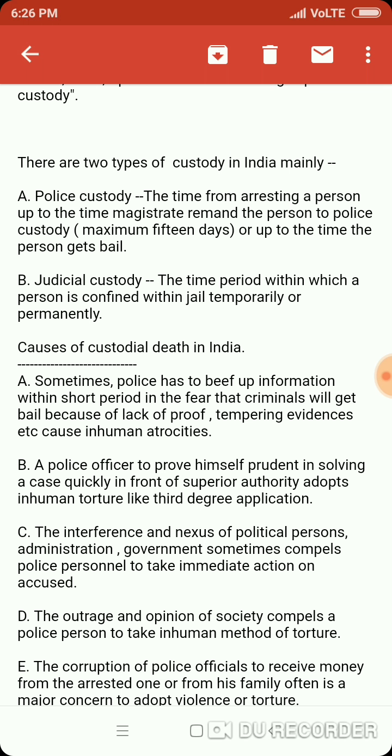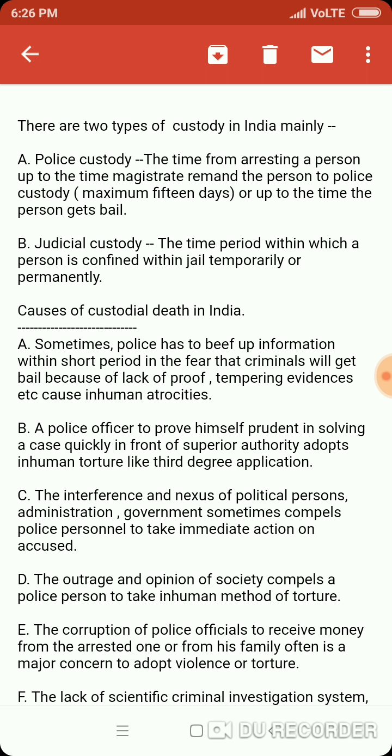It means the time from arresting a person up to the time the magistrate remands the person, or up to the time the person gets bail, or up to sending the person to jail, the whole span of time is called police custody.